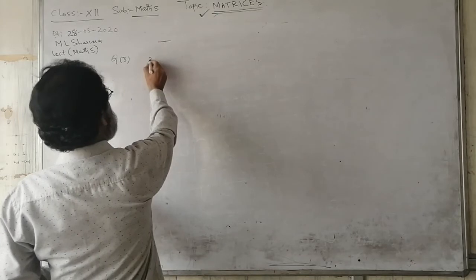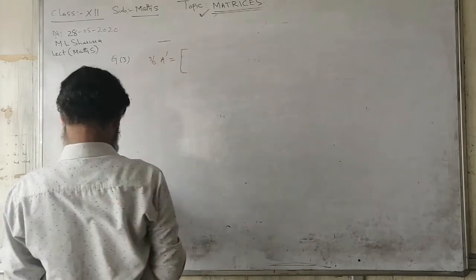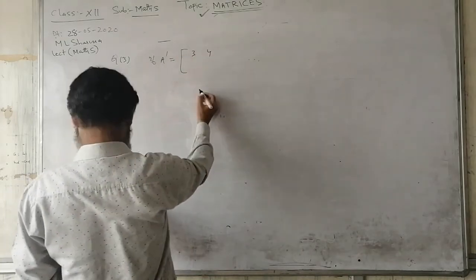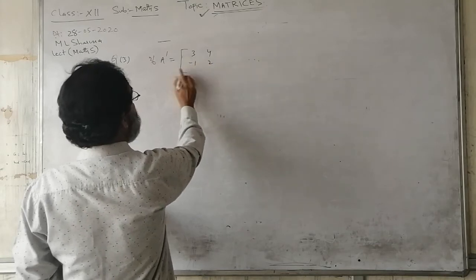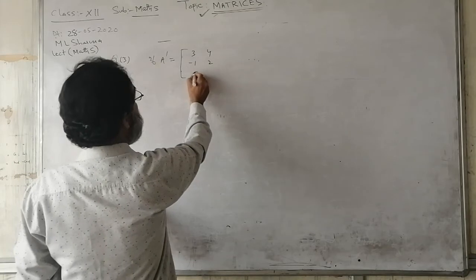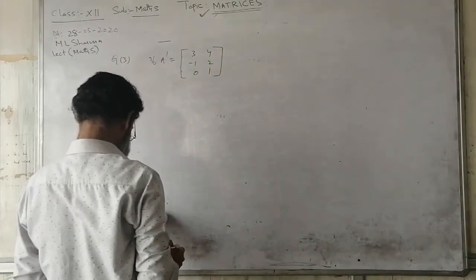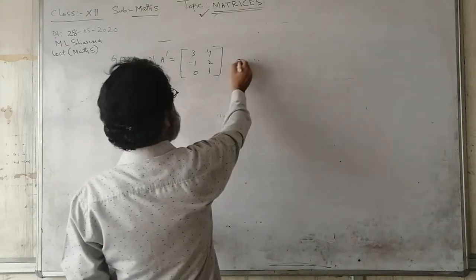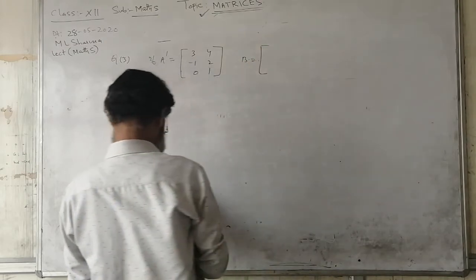A transpose is given and its elements are 3, 4, minus 1, 2 and 0, 1. Also B matrix is given.